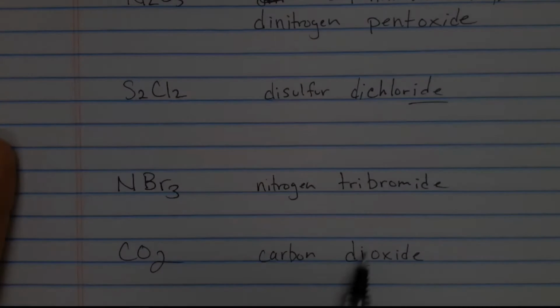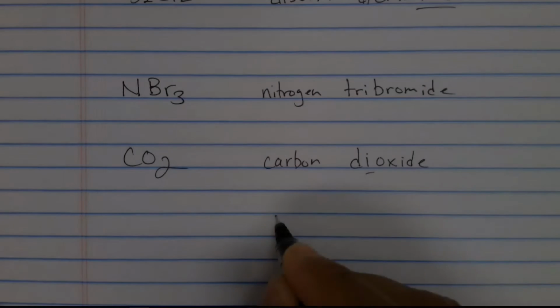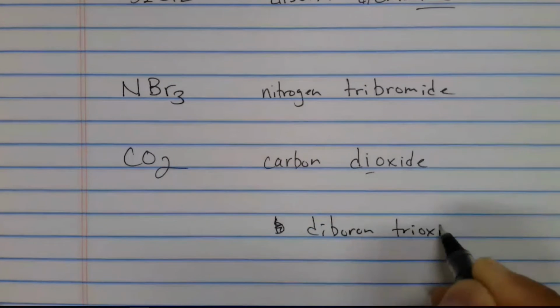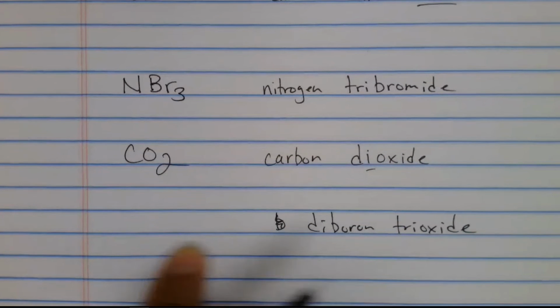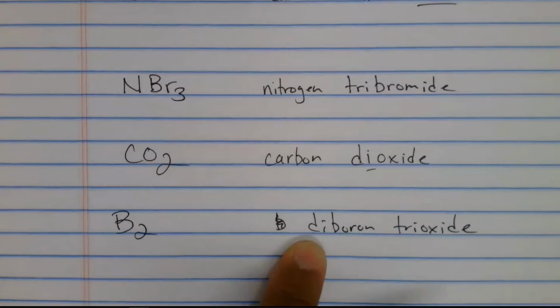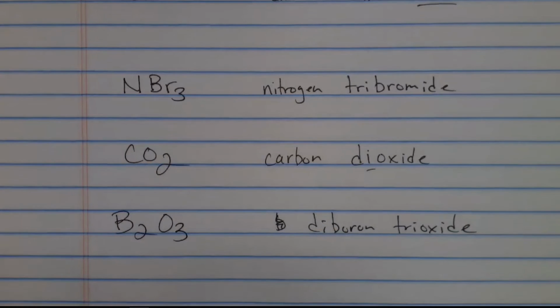So like dioxide, you keep it like that. Diboron trioxide. Pretty simple, right? Just give the symbol B subscript 2 and then O3, trioxide, and that's it.